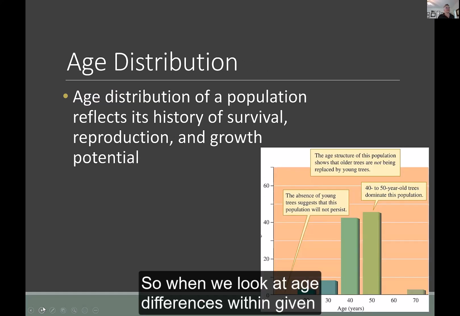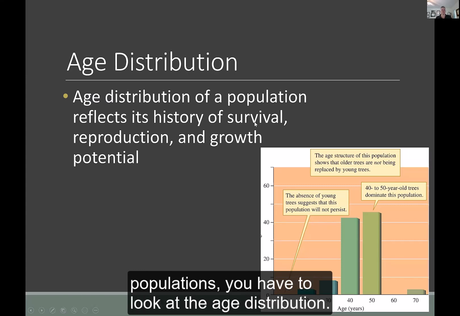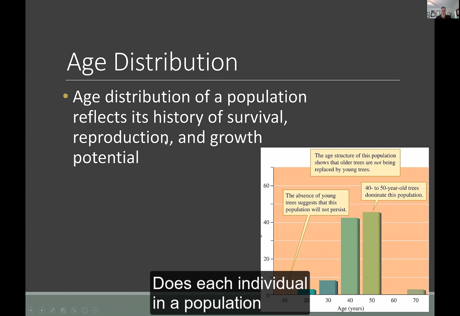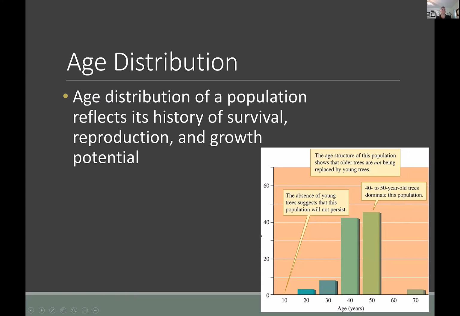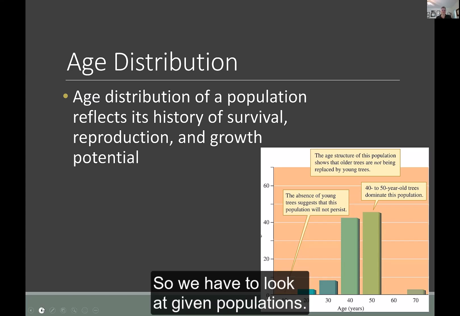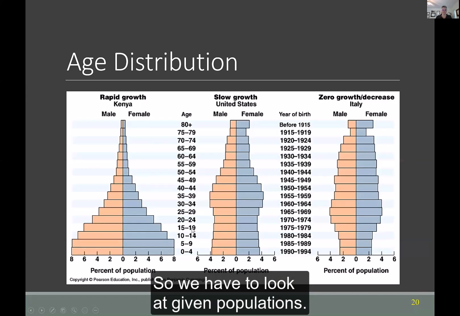So when we look at age differences within given populations, you have to look at the age distribution. Does each individual in a population have the same reproductive rate? No, right? So we have to look at given populations, right?